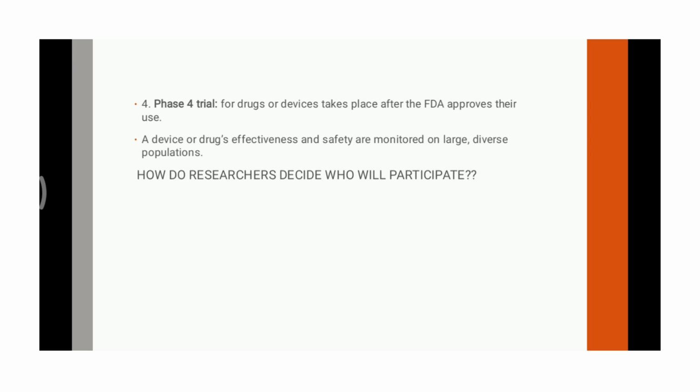So how do researchers decide who will participate? Who can participate and who cannot participate? Basically, after the subject's consent is done, he or she will be screened by some clinical staff to see if they meet the criteria to participate in the trial or if anything would exclude them.